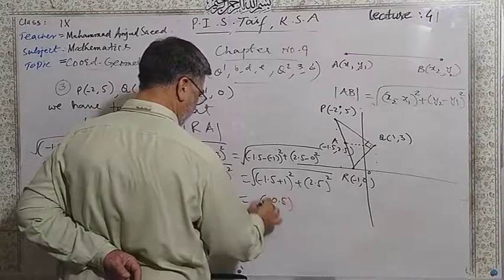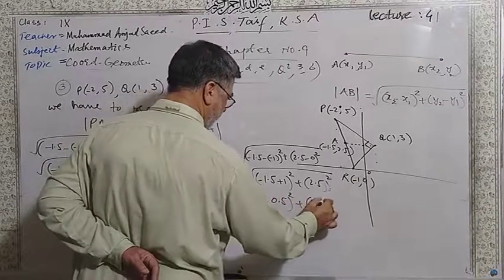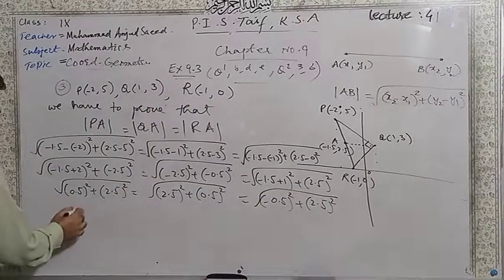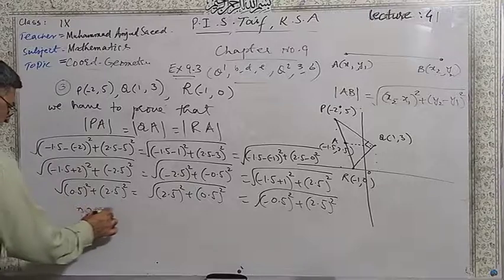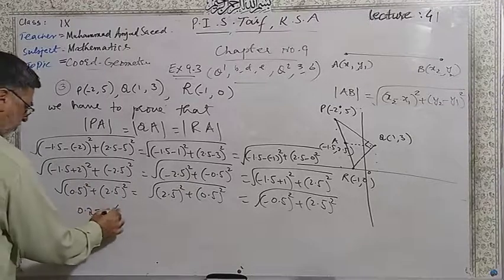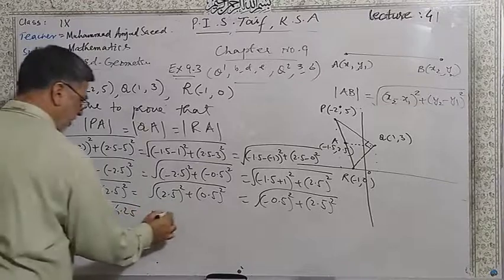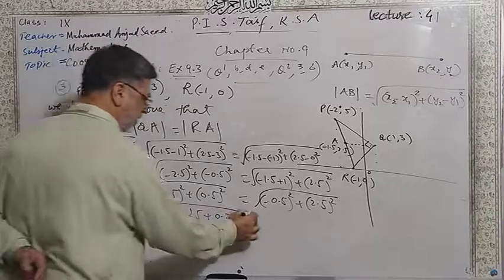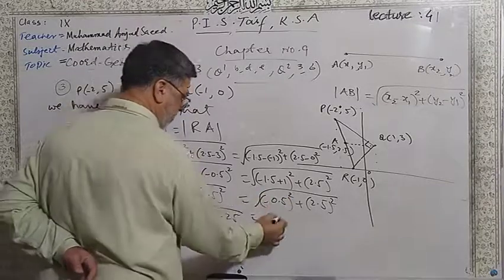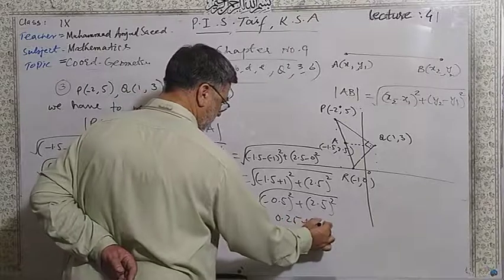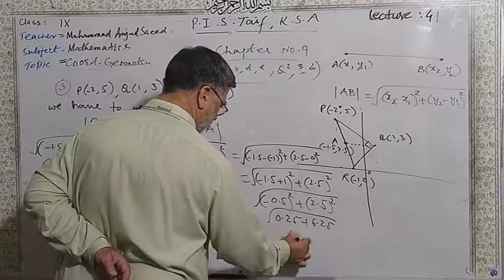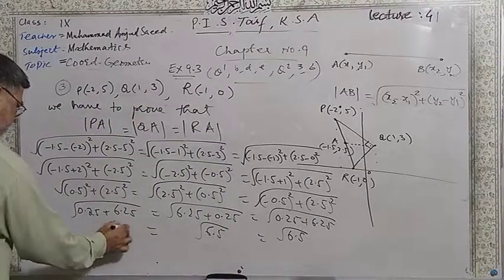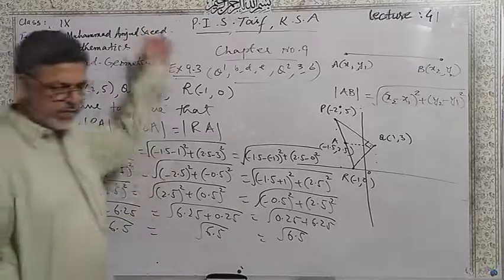Minus 0.5 squared will be 0.25 and 6.25. Here it will be the square root of 6.5, the square root of 6.5, and the square root of 6.5. This is verified.